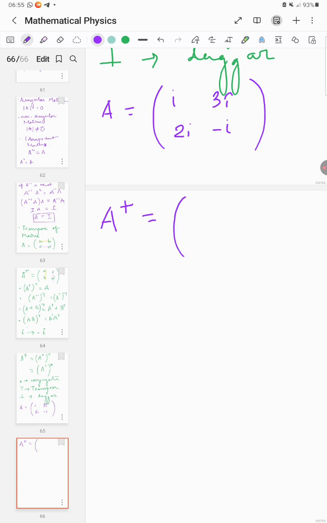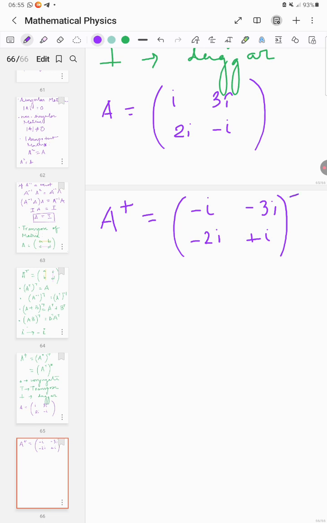A dagger is what? A conjugate transpose, right? So what does conjugate do to this matrix? It changes all the iota to minus iota, right? So it will change to minus iota, minus 3 iota, minus 2 iota, and plus iota. Why? Because there was already a minus sign to this iota from before.